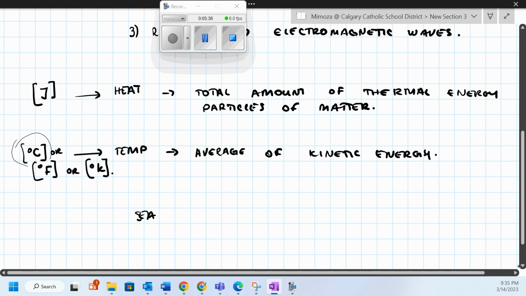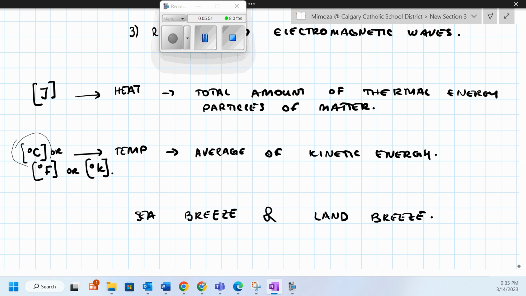For sea breeze, you can refer to the previous videos, and land breeze, where you feel the cold coming from the sea during the day, and the heat coming into the land during the night from the water. So this is pretty much the summary of chapter 5, and now we will move on to chapter 6.